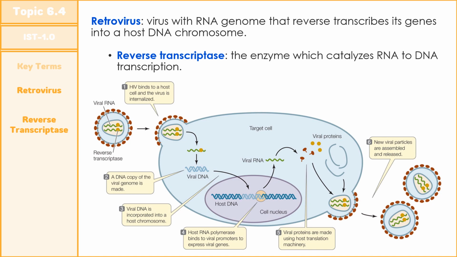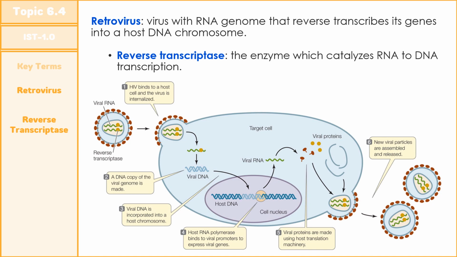We also probably recognize that viruses are not able to replicate themselves without a host. So when we have a virus, and in this case we're using a retrovirus, which has that RNA genome, it hijacks cells for their ability to create proteins.